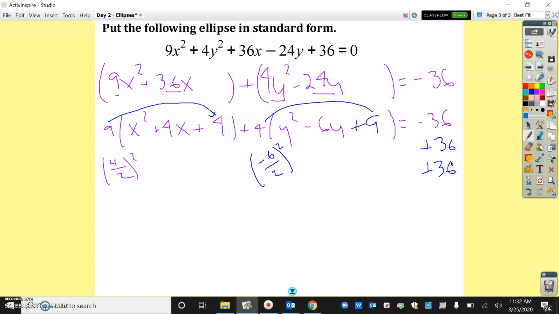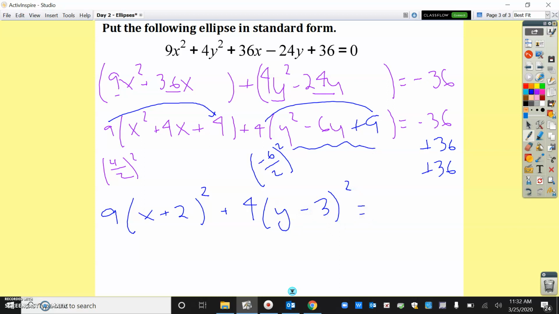Next step, we're ready to factor. Remember the little shortcut? You can just take that middle term and divide it by 2. Same thing over here. We're factoring this trinomial, which would be y minus 3 squared. Let's clean this side up a little bit. We add it all together, that cancels, and we're left with 36. There's something about this that's a little weird, right? Ellipses always equal 1.